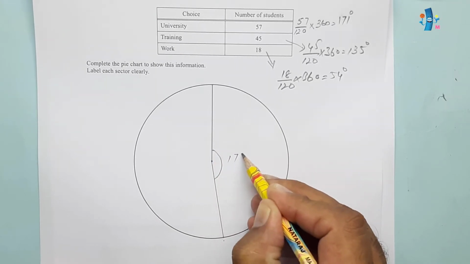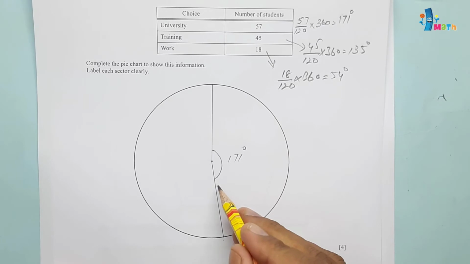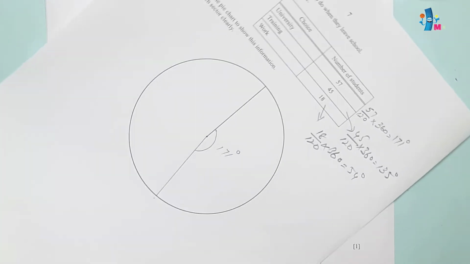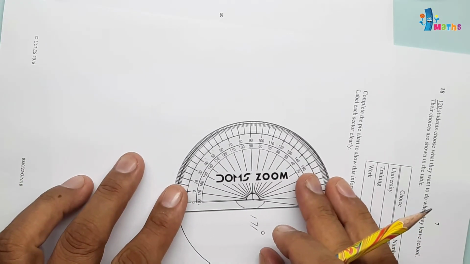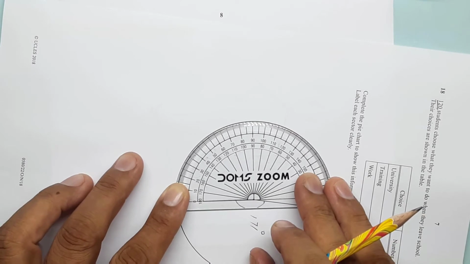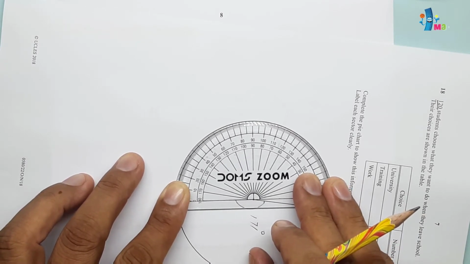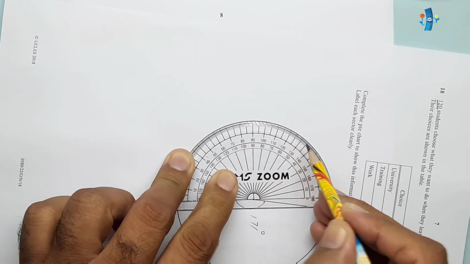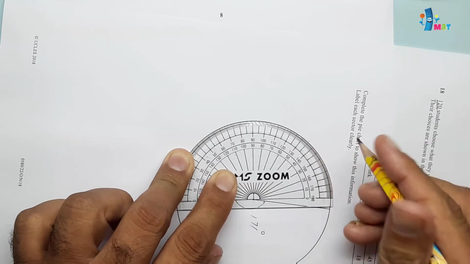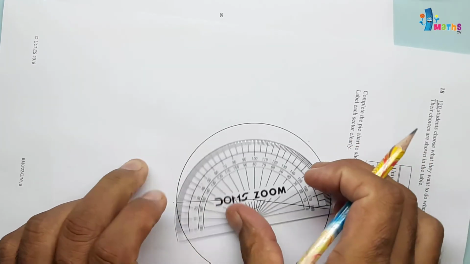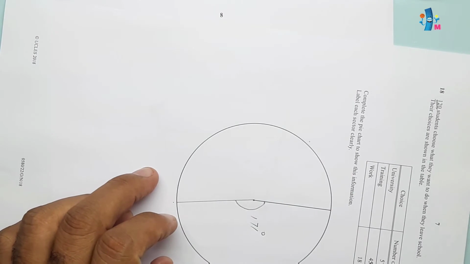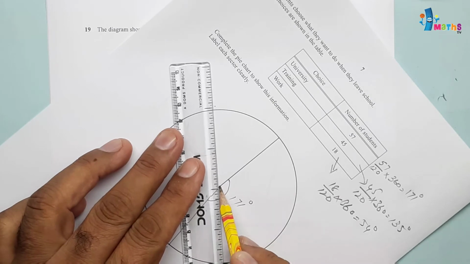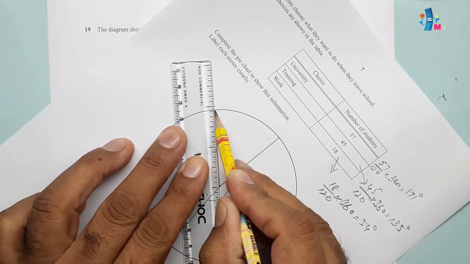So this angle is 171 degrees. Now next we require is 135. So from here onward we require 135 degrees. So we can measure from here. 135 will be up to this point, and we can join this one like this, up to the circumference.